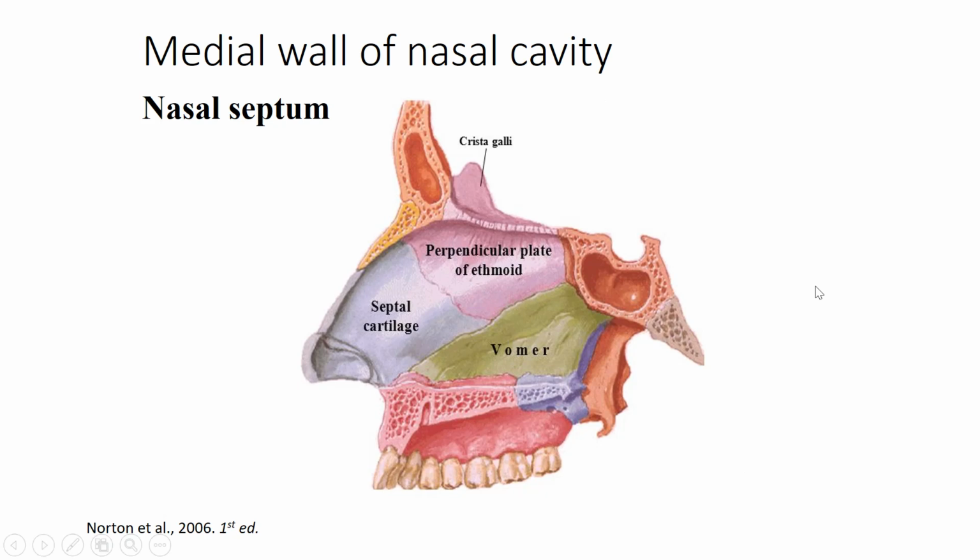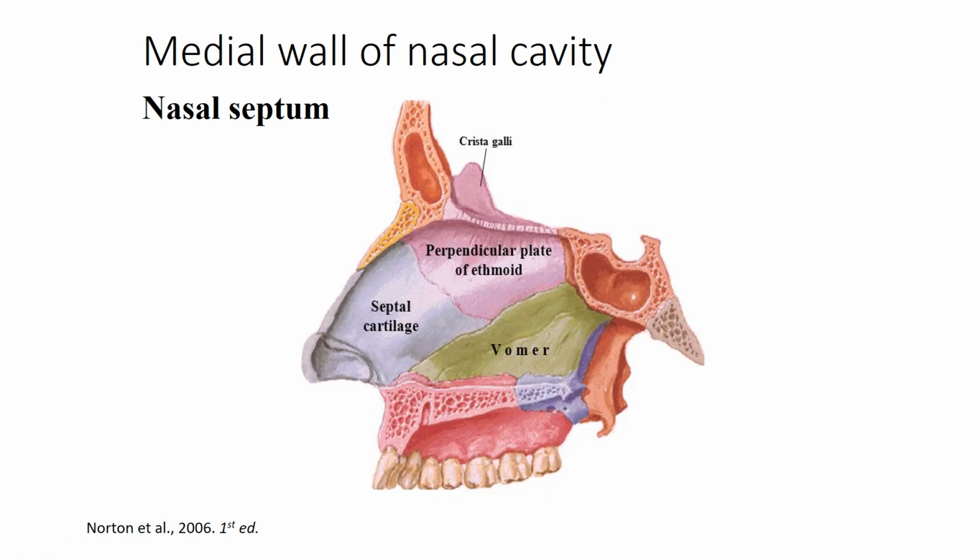Now, this medial wall of the nasal cavity will be formed by this nasal septum, and this nasal septum will be covered by mucosa that is firmly attached to the periosteum and also the perichondrium here in the septal cartilage. So what are the components of the nasal septum? We have the perpendicular plate of the ethmoid here, posterior superiorly, the vomer bone, posterior inferiorly.